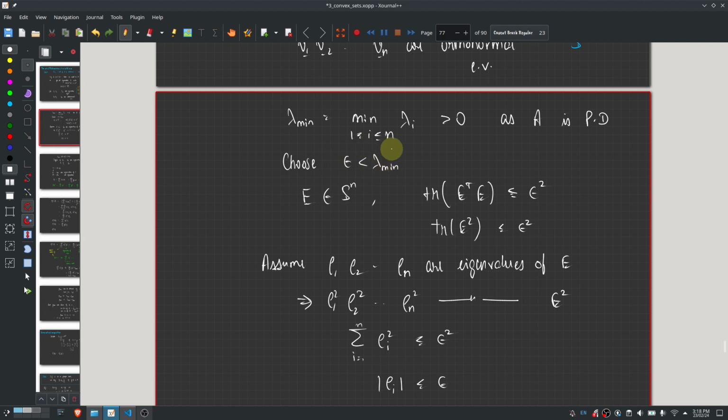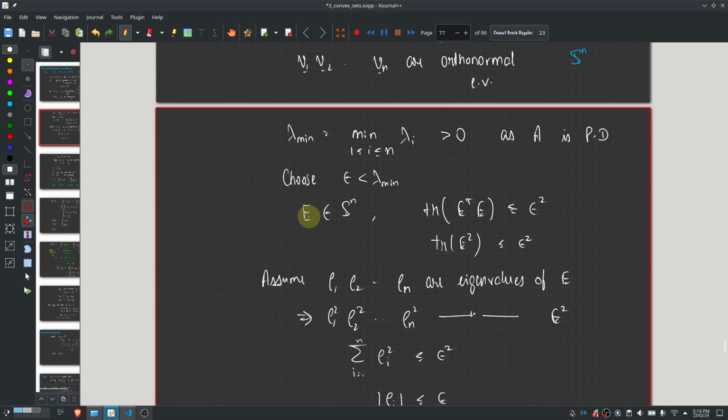But as a consequence of this epsilon, all the eigenvalues of E are guaranteed to lie between minus epsilon and plus epsilon. Okay, that's how we've chosen this perturbation E.